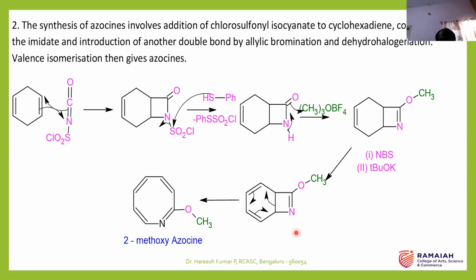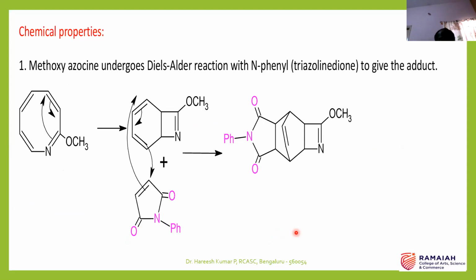We discussed the preparation starting with 1,4-dihydrobenzene and chlorosulfonyl isocyanate, and we discussed the reactions, more particularly the 2+2 addition of azocine giving rise to a bicyclic compound.